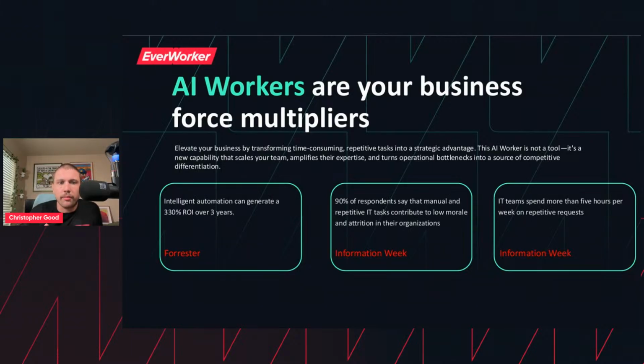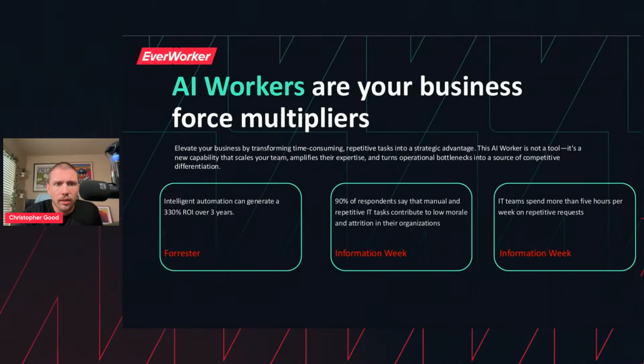And here's what we know from other research, right? 90% of these respondents say that manual and repetitive IT tasks contribute to low morale and attrition in their organization. And IT spends more than 5 hours a week on these repetitive requests. So this AI worker is not a tool, it's a new capability that scales your team, amplifies their expertise, and turns these operational bottlenecks into sources of competitive differentiation, right?